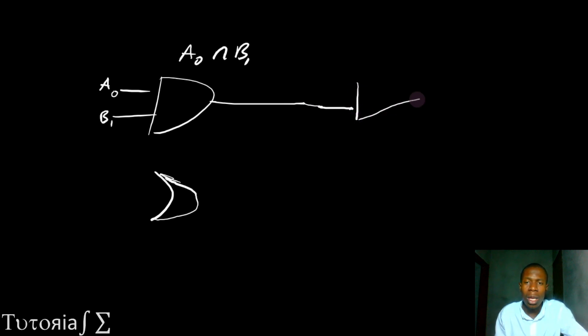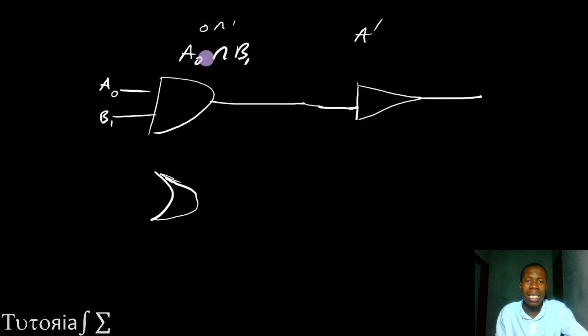Then there is also the NOT gate. So NOT gate simply means complement. Whatever is coming in here, complement, meaning not that. Okay, so for instance, if this is a 1 and a 0, and we take them through an AND gate, so 0 intersection 1.